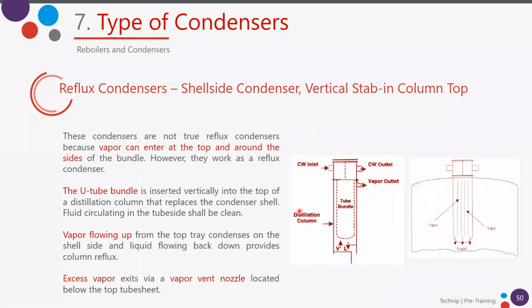Okay, so we have seen the vertical shell side condenser, the one mounted on top of the column, and the other one inserted inside the column.